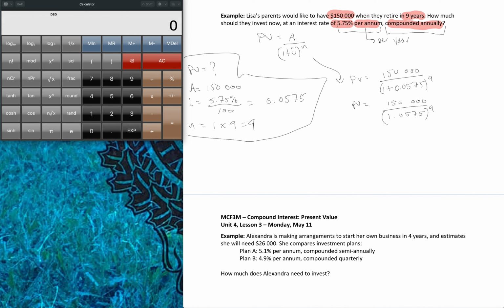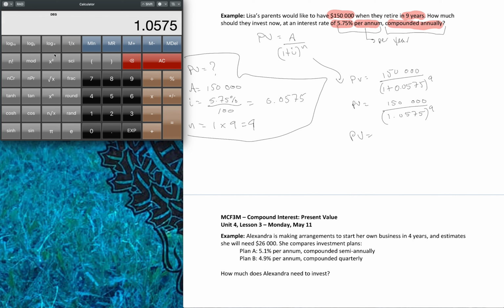Now you're going to jump over to your calculator. We could put it in brackets, 1.0575, close the bracket, and then we go to the exponent. I need to find the exponent on here.